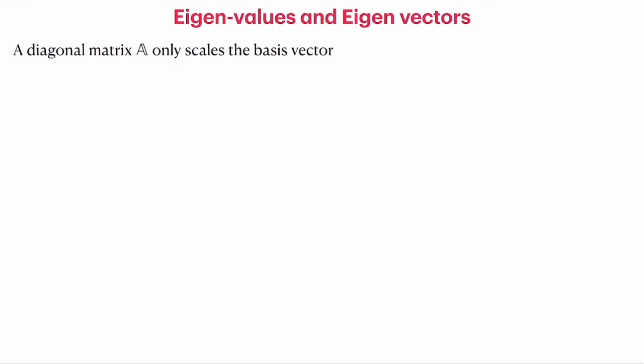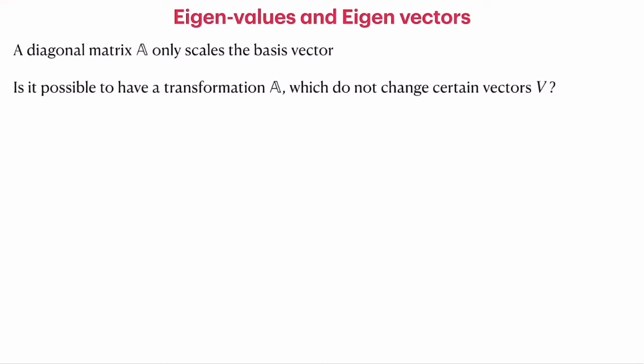So it would be interesting to have such a transformation. What they do is scale individual components along the diagonal only. So basis vectors get scaled, but in general all the components get changed, and sometimes it is good to realize a transformation as a diagonal matrix only.